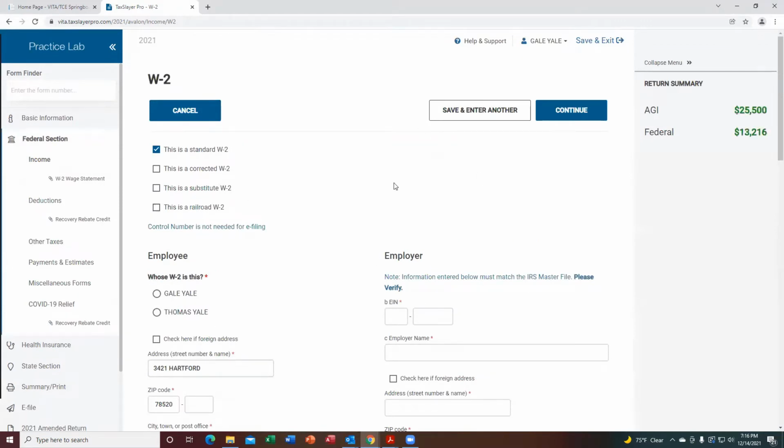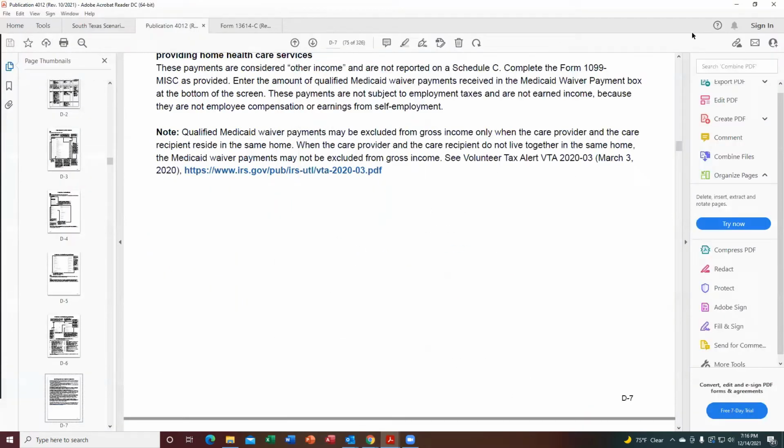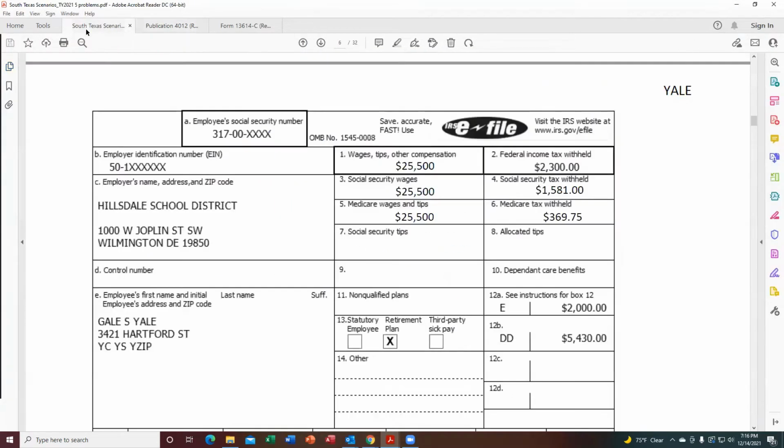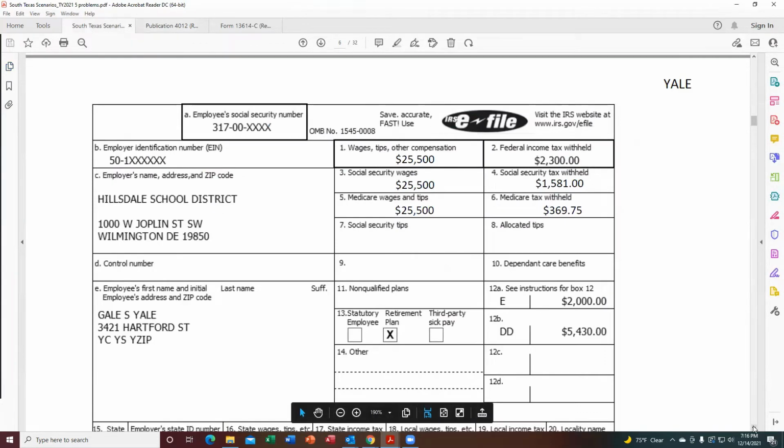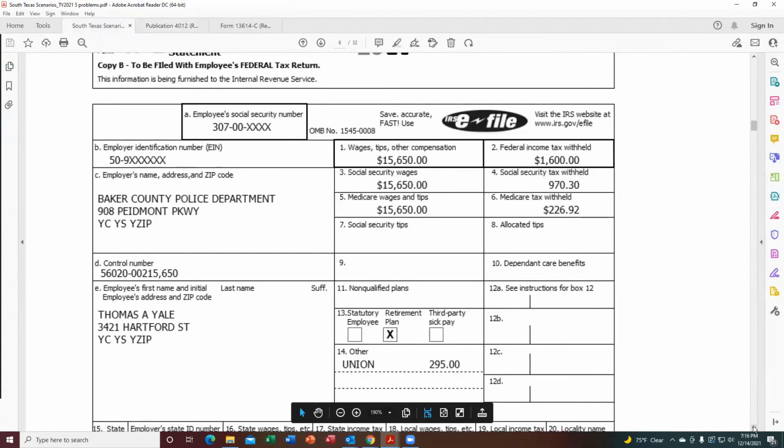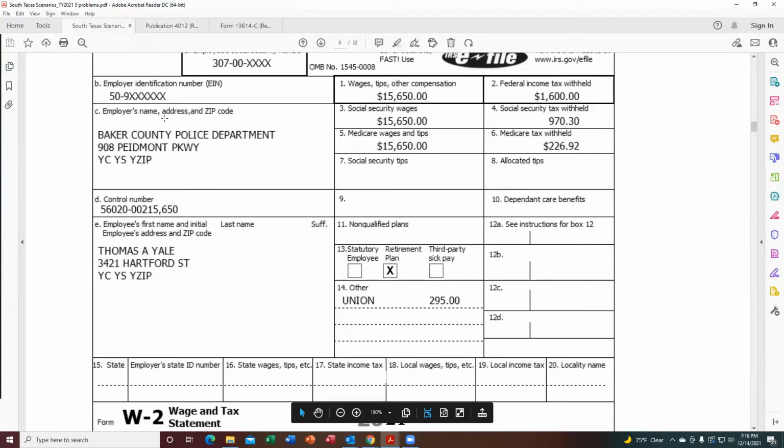Again, we have the same form. And if you notice, the next W-2 belongs to whom? Thomas. Let me try to get back to the scenario. So here is the next one, and there's Thomas.